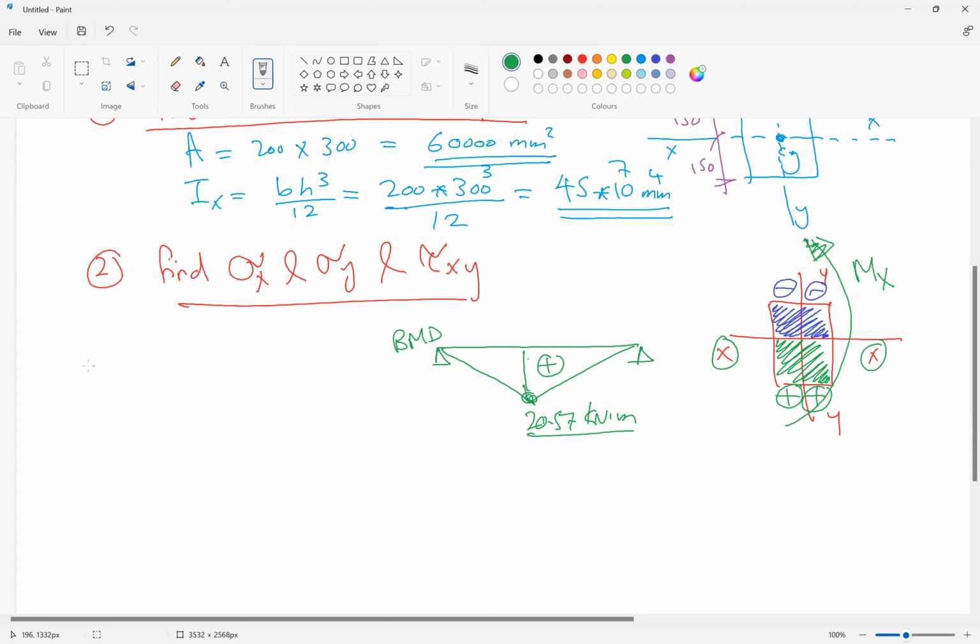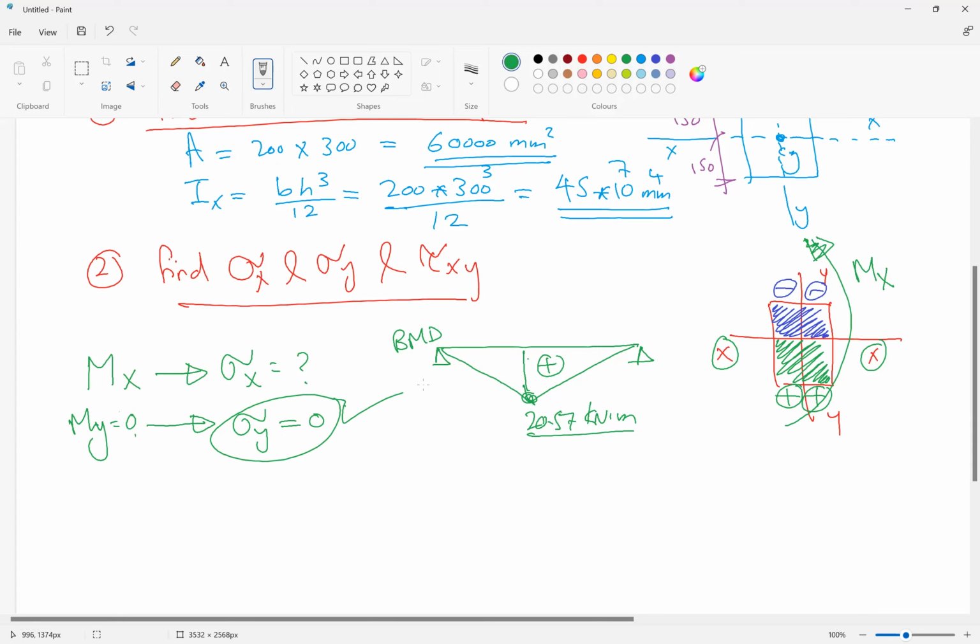So we have Mx in this problem, so we have only sigma x. Sigma y will be 0, because we don't have My. So we need only to find sigma x.